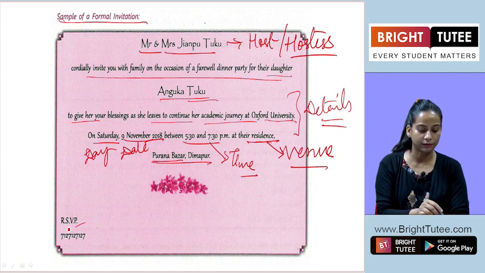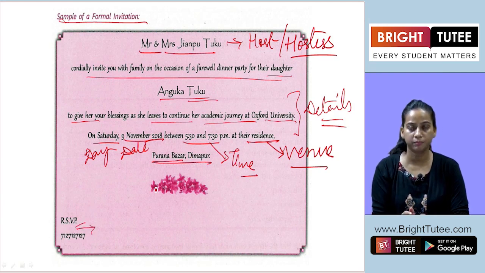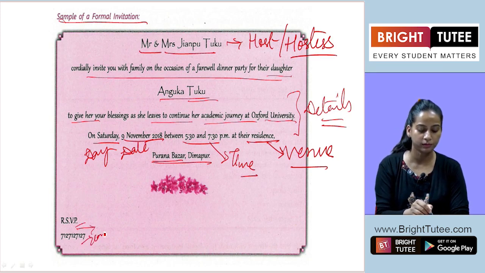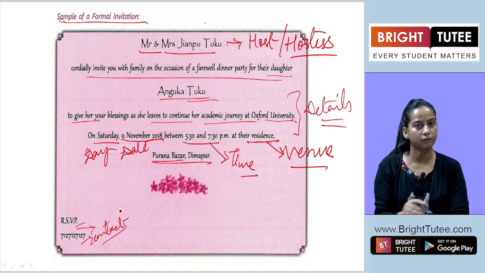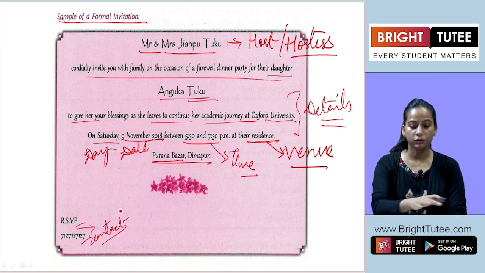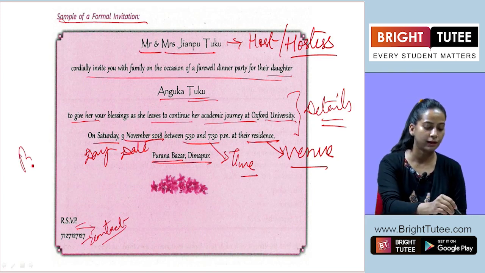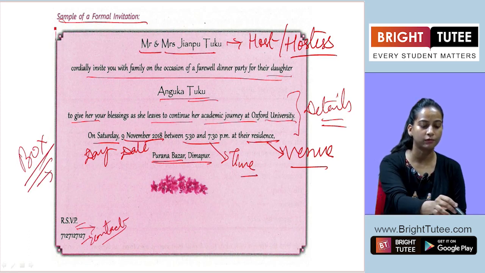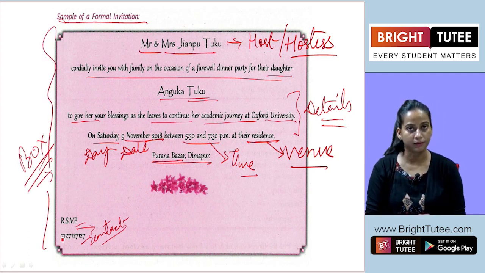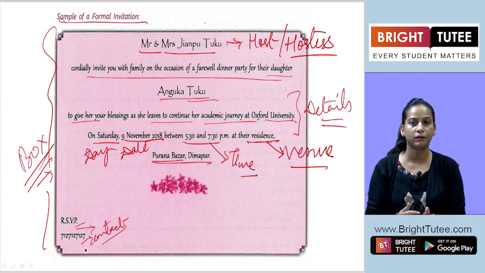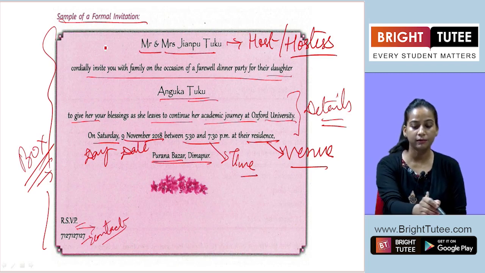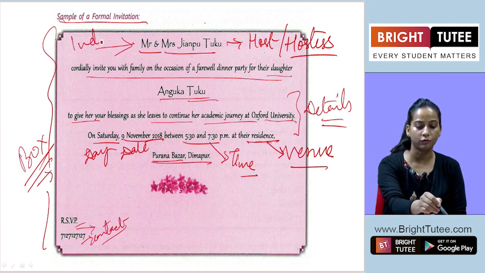RSVP: here, if you would like, the names of other family members can be written, otherwise the contact number is given, so that will also work. So this was the format, and another most important part is enclosing it in a box. That box must be there. Whenever you are writing the invitation, make sure that after writing all the details, you enclose it, and you can see here the indentation also.